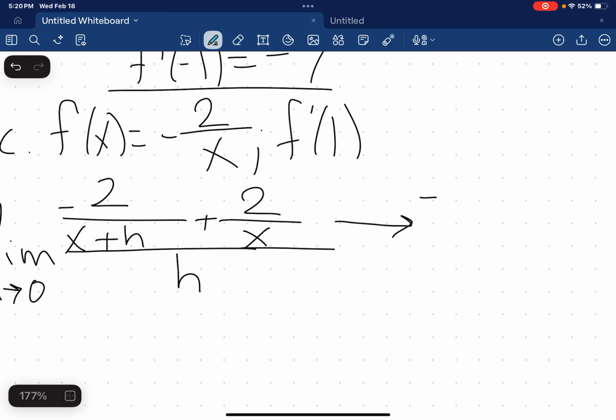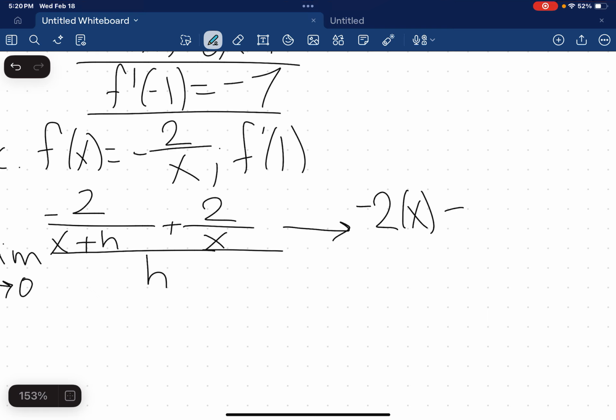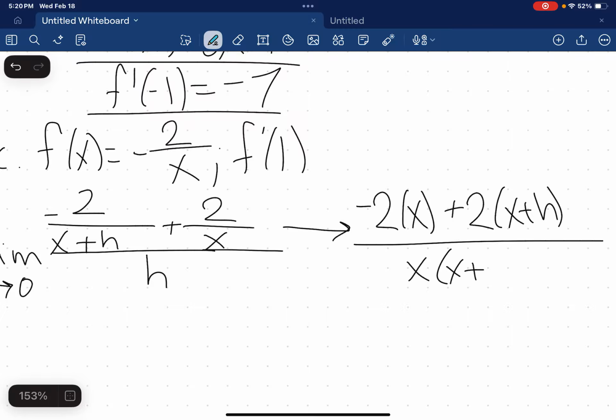So left-hand side, we're going to multiply this by x. And right-hand side, we're going to multiply this by x plus h. That ends up being x times x plus h.